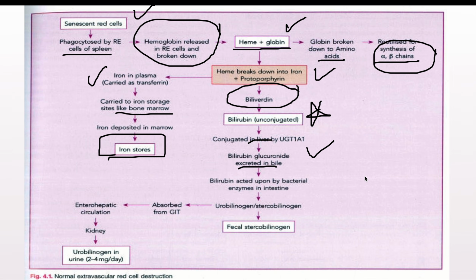From the bile it will go into the intestine, where it will be acted upon by the bacterial enzyme and converted into urobilinogen or stercobilinogen. When it is released into the feces, it is known as stercobilinogen. Some amount of urobilinogen is absorbed from the GIT, enters the enterohepatic circulation, enters the kidney and is excreted in the urine, which is known as urobilinogen.